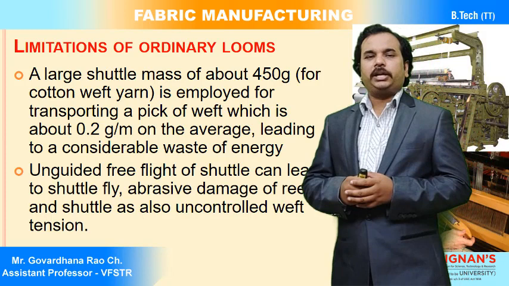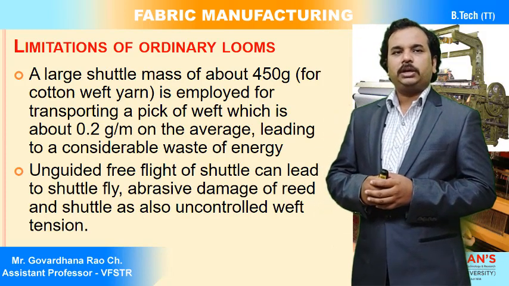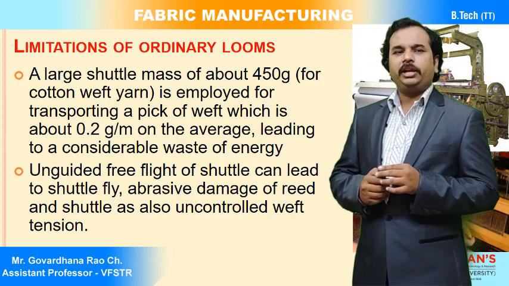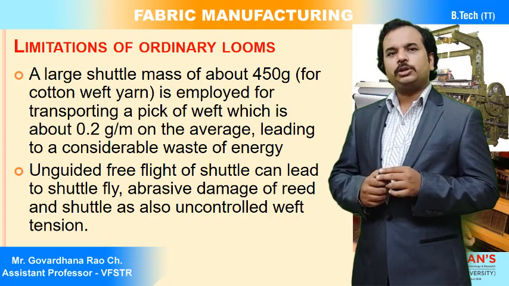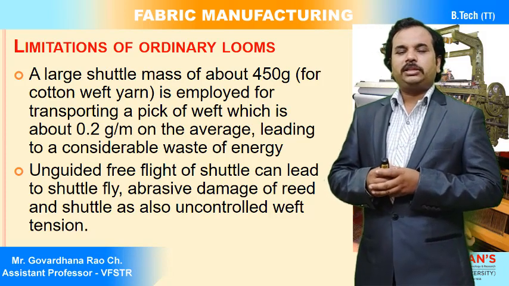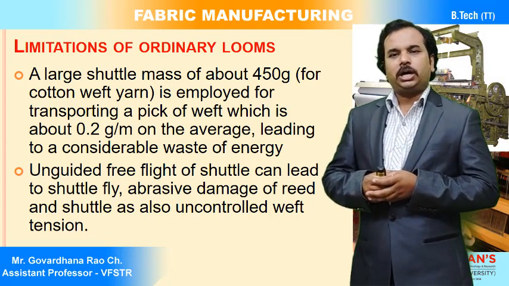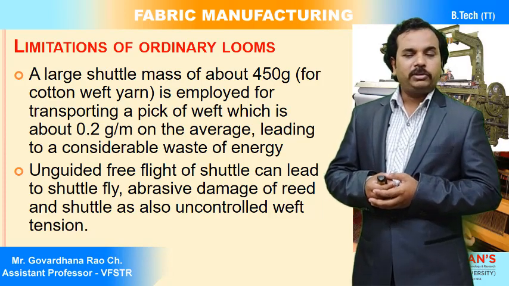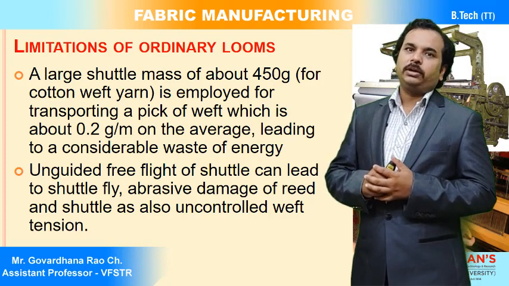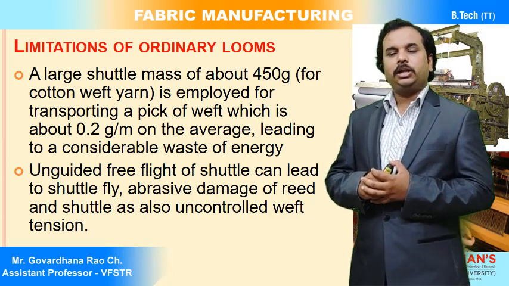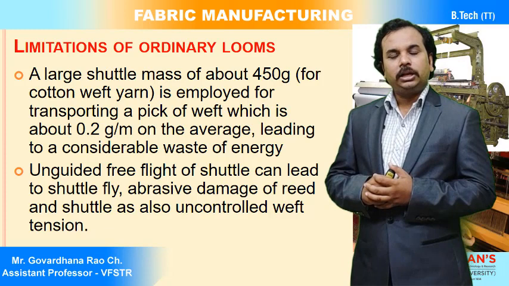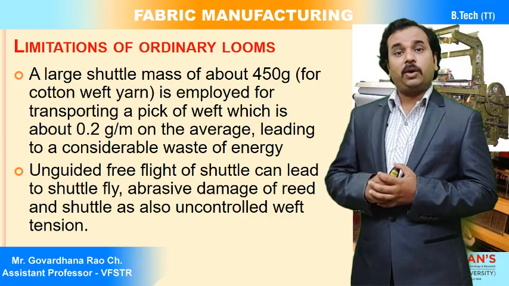Unguided free flight of the shuttle can lead to shuttle flight, and there is abrasion damage of the reed and shuttle, and also uncontrolled weft tension. You can see that the shuttle is to fly inside the shed, and when the shuttle is traveling in the shed, there may be chances of damage of the reed or damage of the shuttle, and due to the abrasion between the race board and the shuttle, there may be chances of damage of the warp threads also.